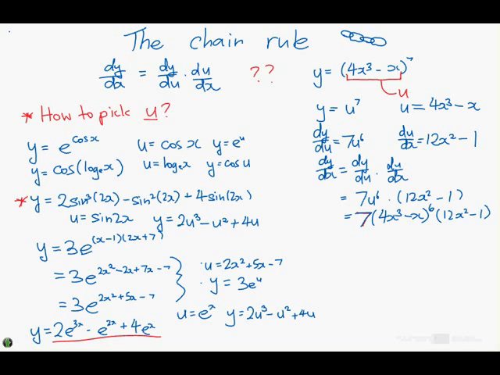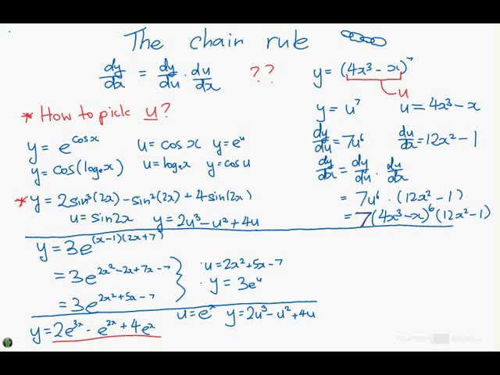So this question, this last part with 3e to the power of (x minus 1)(2x plus 7). The rest of it is fairly mechanical, but I think it's still nice to finish. So I'll just draw a little line here so we know what question we're doing. There we go.